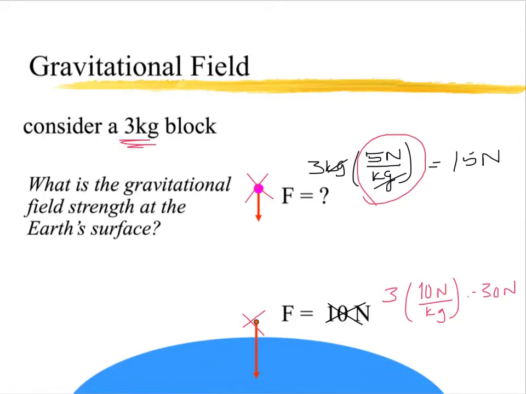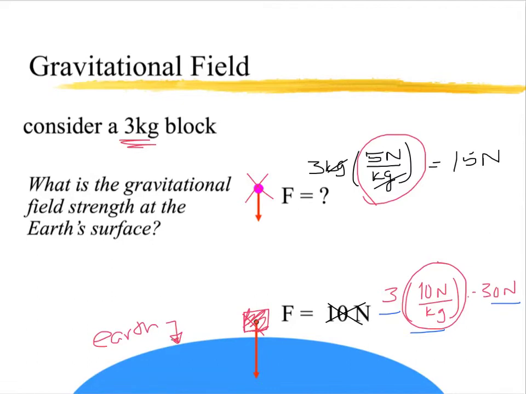Which number do you suppose is our gravitational field strength? That's right, it's newtons per kilogram. This is how much force this box or object feels at this point due to the Earth.